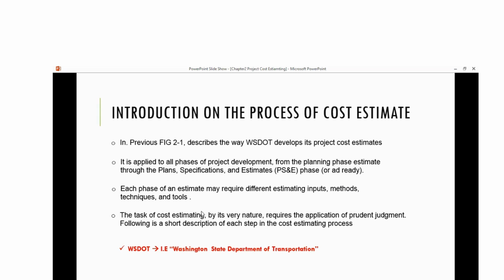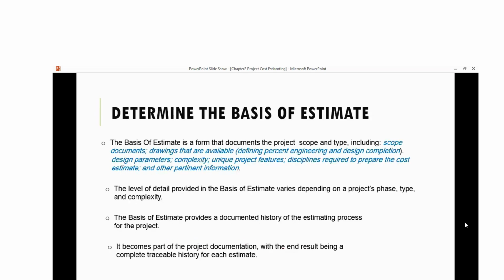So this task of estimating, right, is very procedural, very natural, and requires the application of prudent judgment, okay, and a short description of each step you're going to take and why, to have a justification of each estimate being added. So all of the estimates include the scope, right?